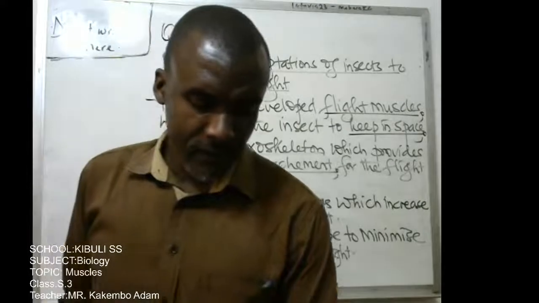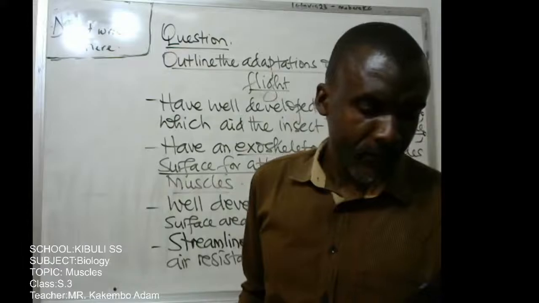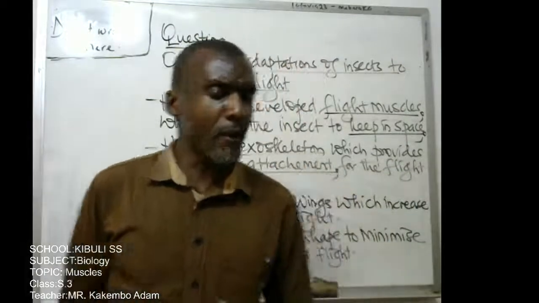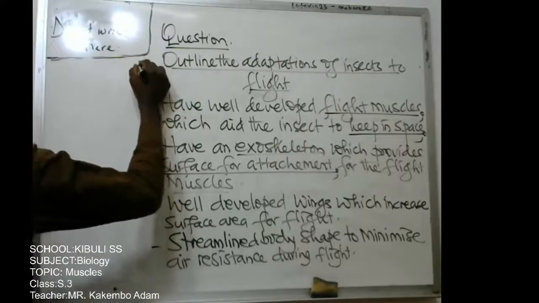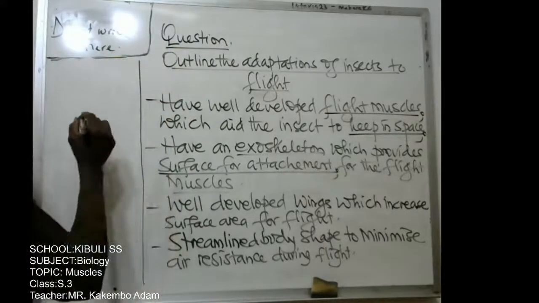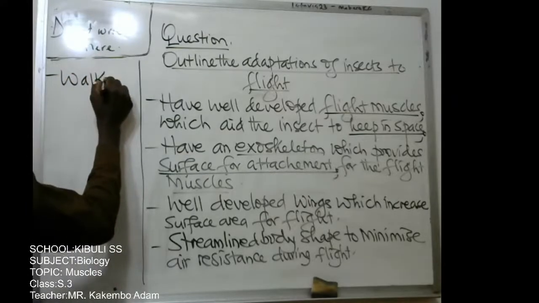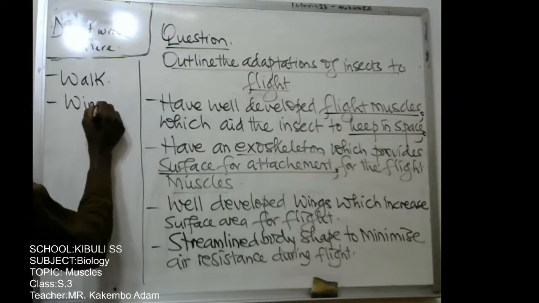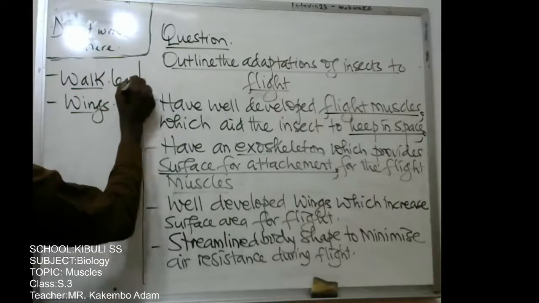Okay. So that is about locomotion in insects. Remember where we started from? About locomotion in insects. We said some insects can walk. They have walking legs. Other insects have wings. We talked about how they use the legs to walk.